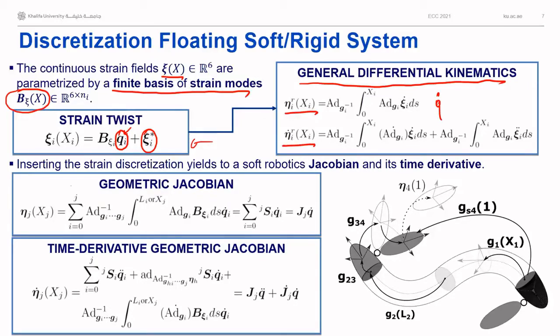We can sum all of these relative velocities and relative accelerations together to obtain the absolute velocity and absolute acceleration of a link, which defines the geometric Jacobian and its time derivative through those integrals here that are the main ingredient of this formulation. And I will show you later how to actually compute those integrals.